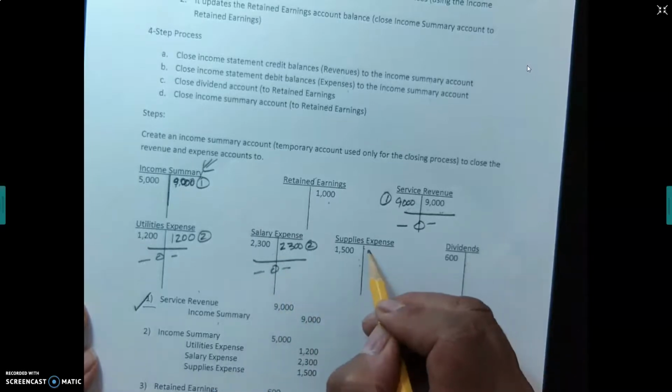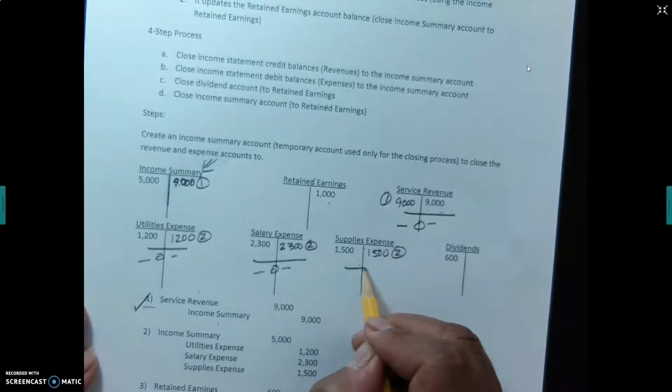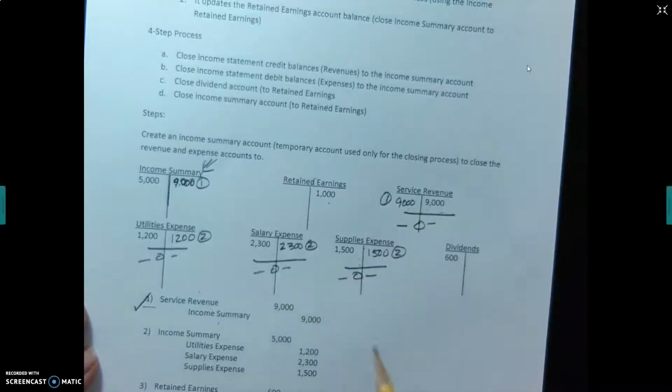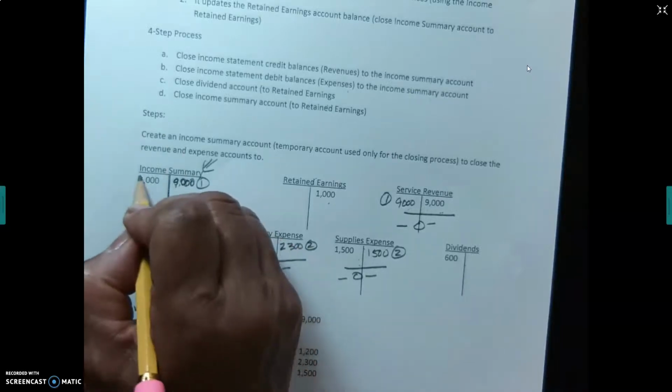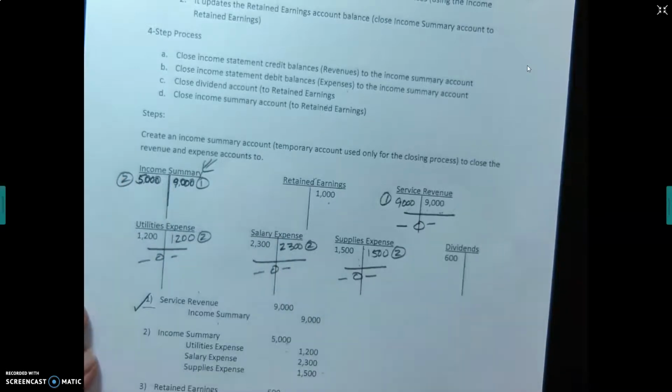We will credit supplies expense for $1,500, and it's now 0. And then we'll add up these 3 items, and they total $5,000. And so the debit of $5,000 goes into the income summary. So that's journal entry number 2.